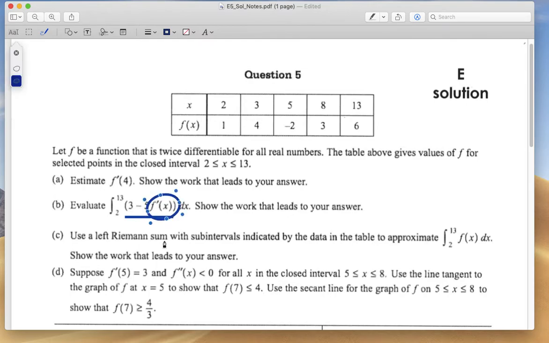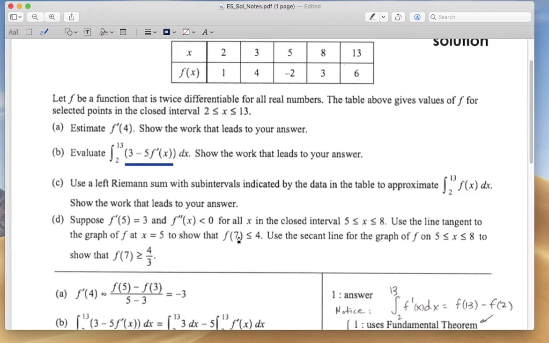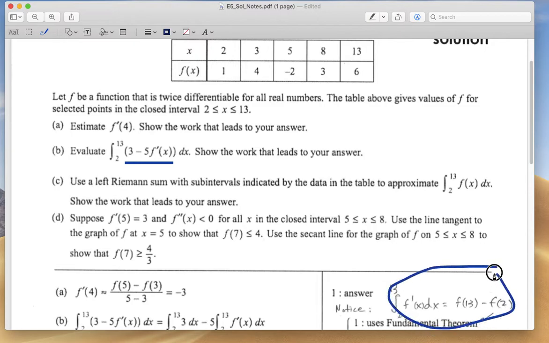So all I need to do is find the antiderivative of f prime, and then I can multiply that by 5. Also notice, this is a fundamental theorem question as well, if you want to think about it that way. The definite integral of f prime, if you look down here, here are some notes I made.